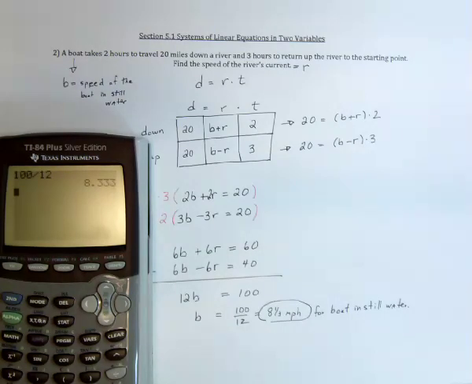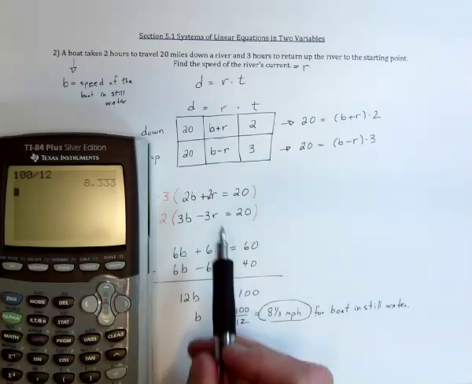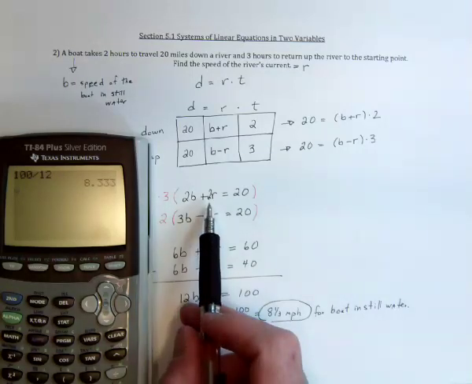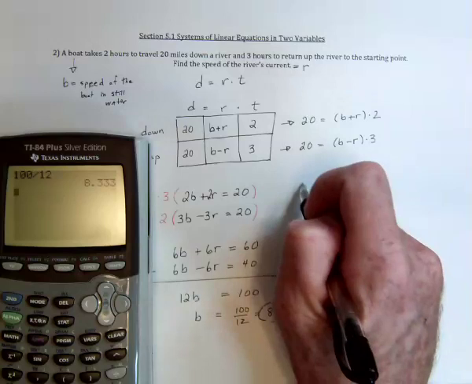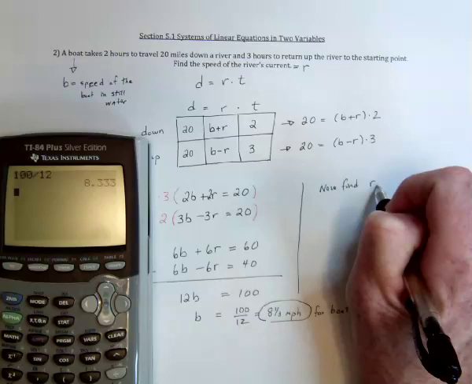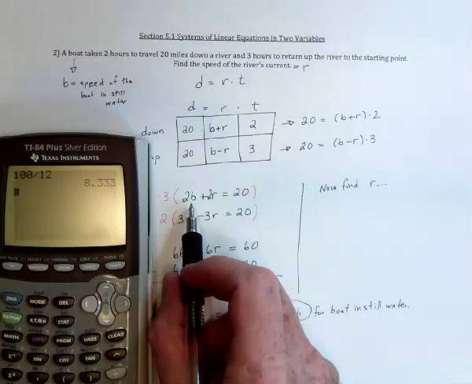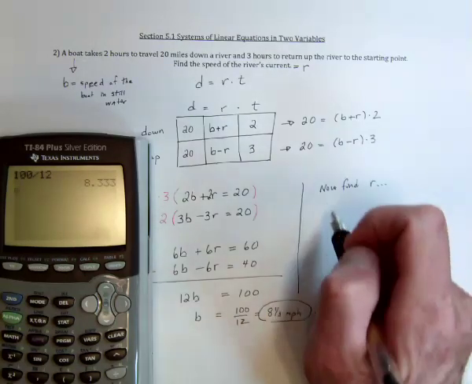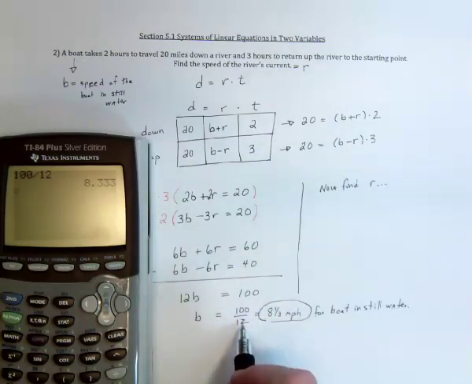So we need to go back to one of these equations and find out how much is r. So you can use any of the equations that we have that has an r in it. I think that I'll use this one. That looks to be the simplest. So now we need to find r. So in this equation, we can use 8 1/3, or I can use the 100 over 12, or I could use an improper fraction for this, which would just be this one reduced.